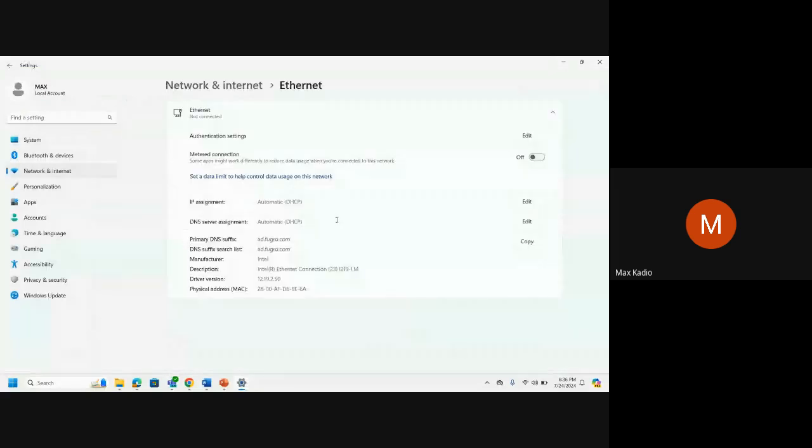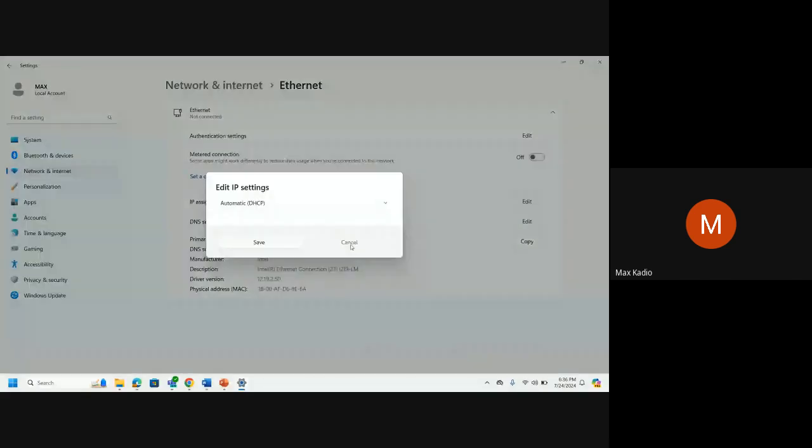It's the IP assignment. It can be via DHCP, automatically via a server, or you can select manually. If it's manual, you assign the IP addresses yourself. We'll check that also, no worries.